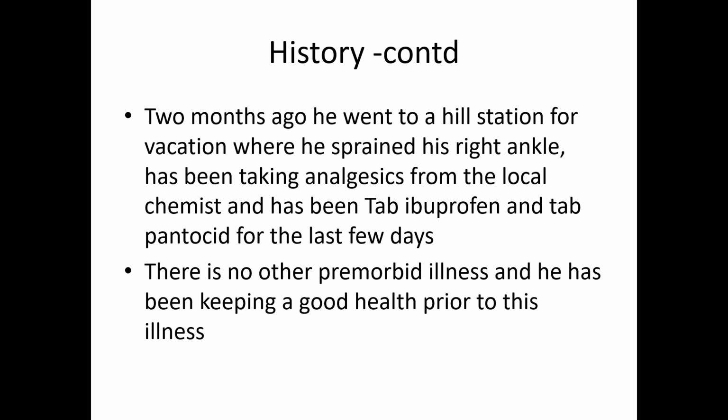And for the last 2-3 days, he has been taking the tablet ibuprofen for the pain, and pantoprazole, that is a PPI, proton pump inhibitor, which decreases the gastritis caused by this NSAID. He was absolutely fine before that, and there's no pre-morbid illness. He is unmarried.